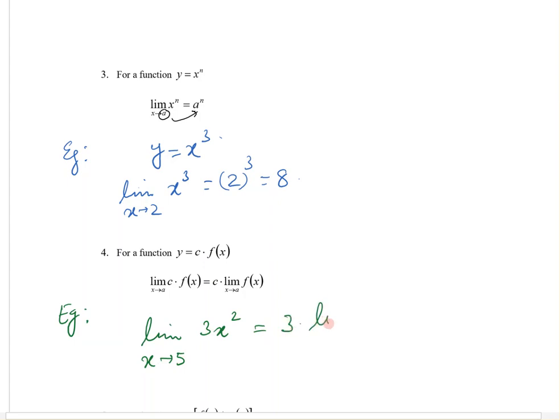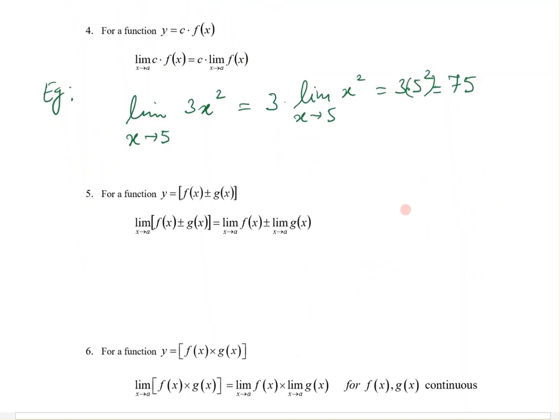You can just take that out and apply the limit to your variable part. So 3 times 5 squared, so 25 times 3, which is 75.